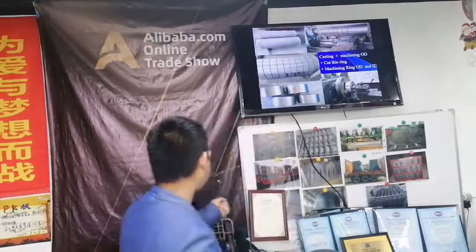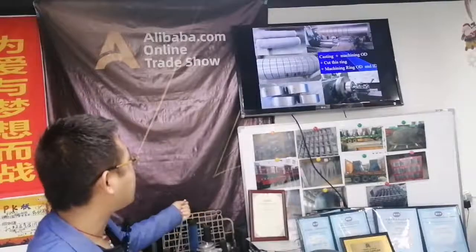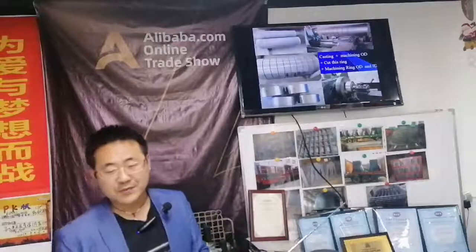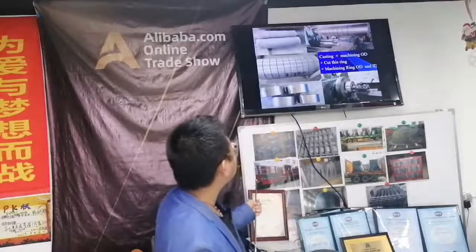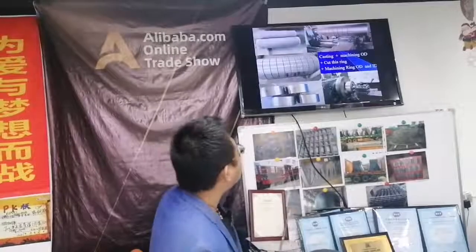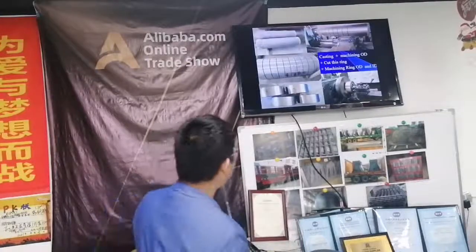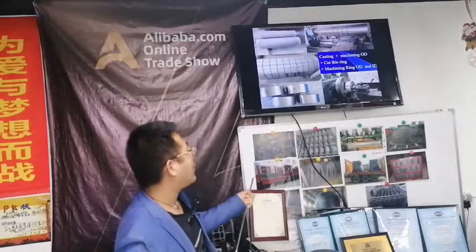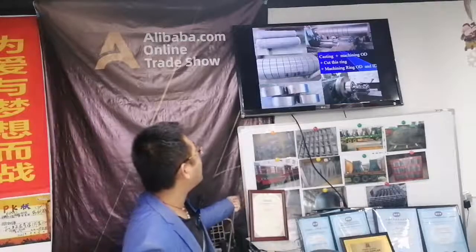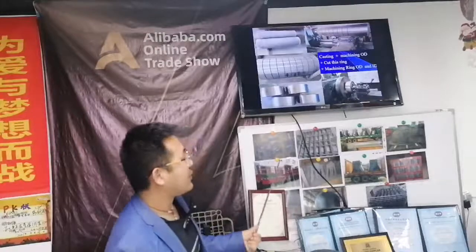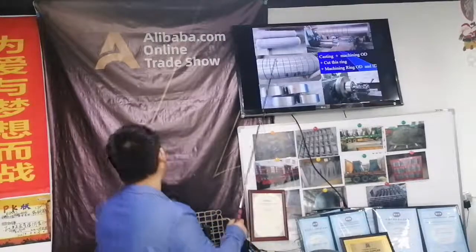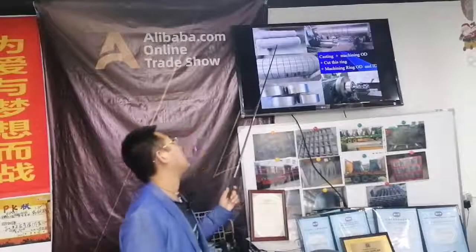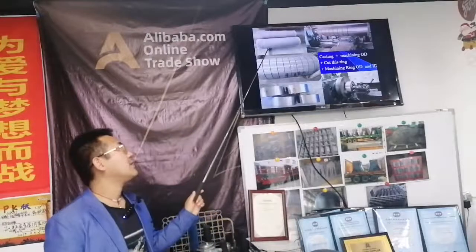And next, I will introduce our centrifugal casting process. The first one, we would make the small tube. The first one, we do centrifugal casting long tubes, like the first picture.